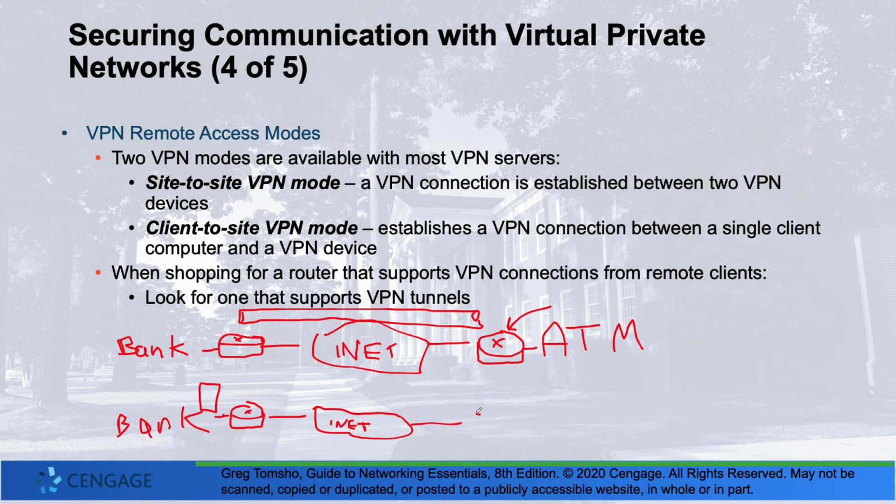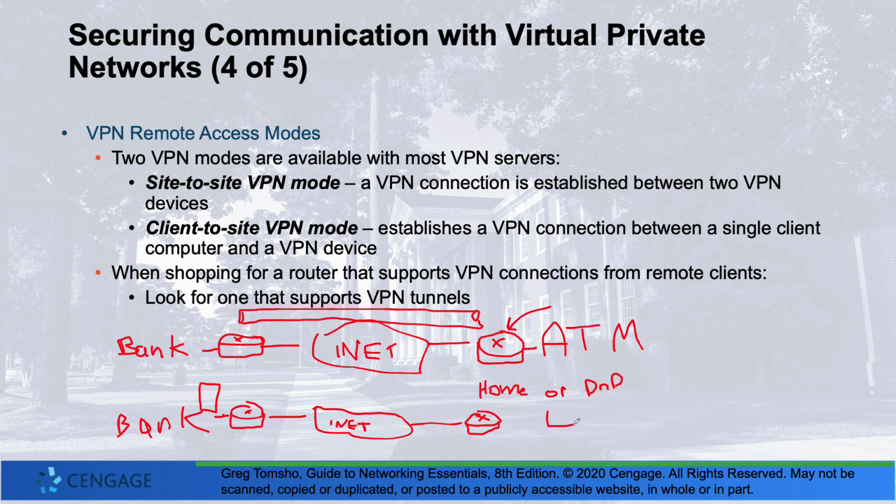And then we have a router at my house. So this is the employee's home. Or, just as well, it could be Dunkin' Donuts. It doesn't matter where it is.